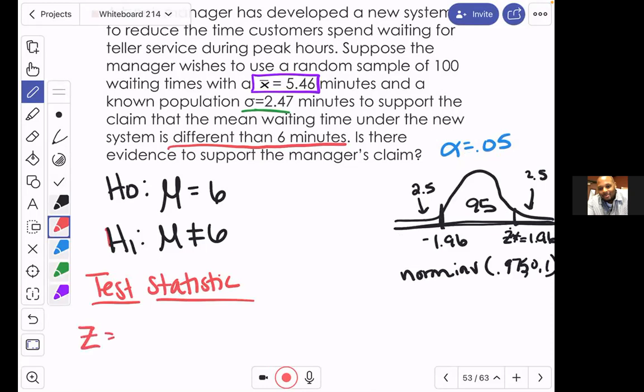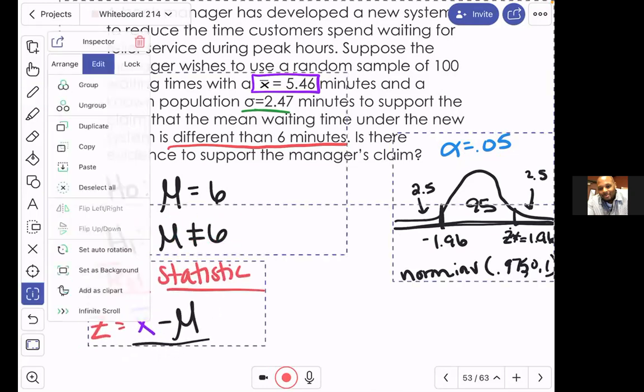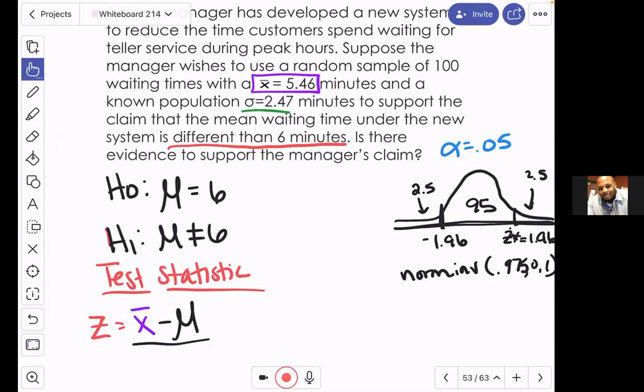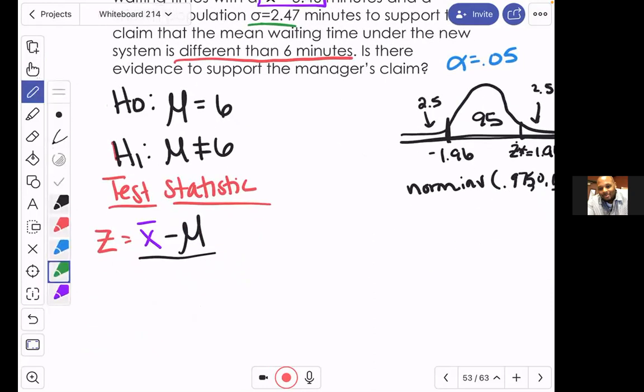Z is equal to, in case you forgot, X bar minus the mean mu, divided by the standard deviation, which is, in this case, sigma over the square root of n. This is how we calculate the test statistic: X bar minus mu over sigma divided by the square root of n.